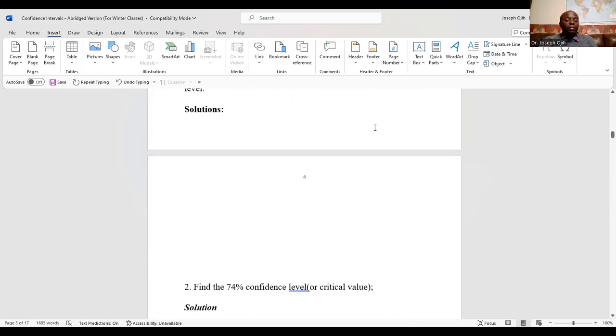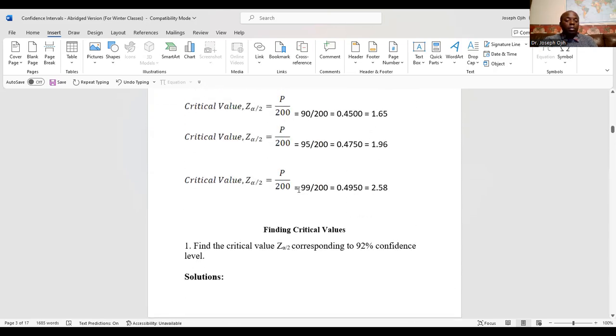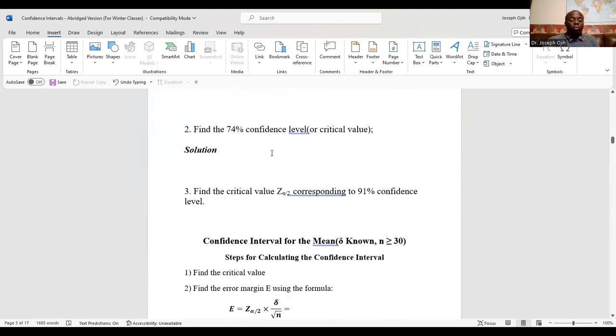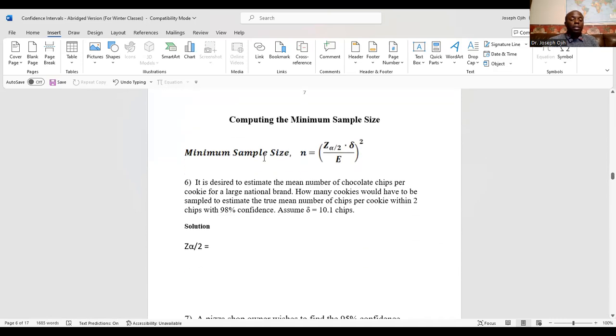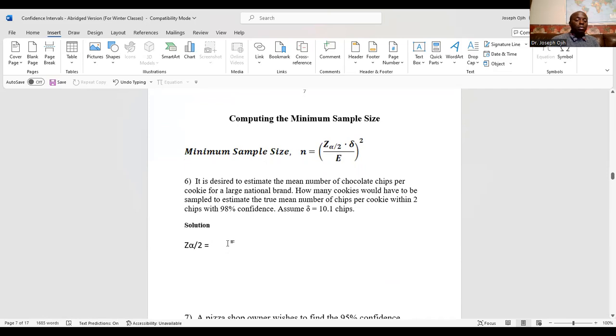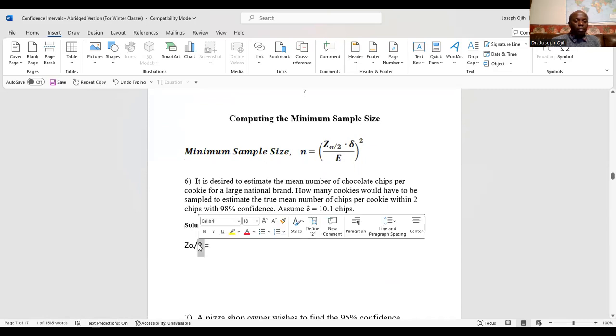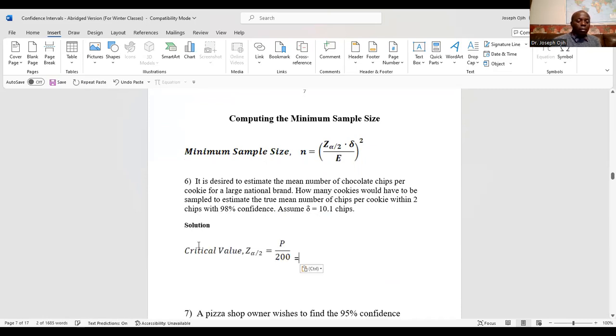Let me get the formula again. P over 200. The critical value is P over 200.